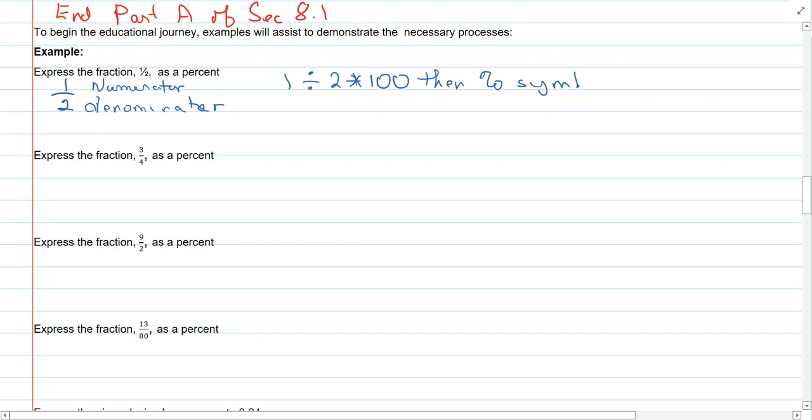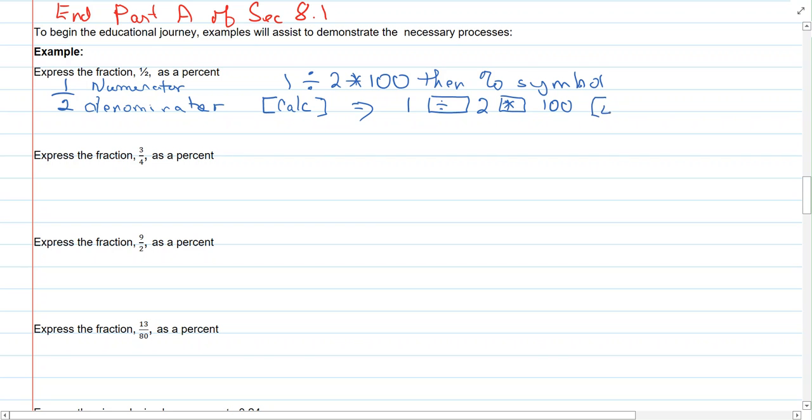So we're going to do this in our calculator. It doesn't matter which one you have at the moment, because this is not a difficult process. It is a general form. For our calculator, we would enter the 1, our divide sign, 2, and then our multiplication sign, and 100.